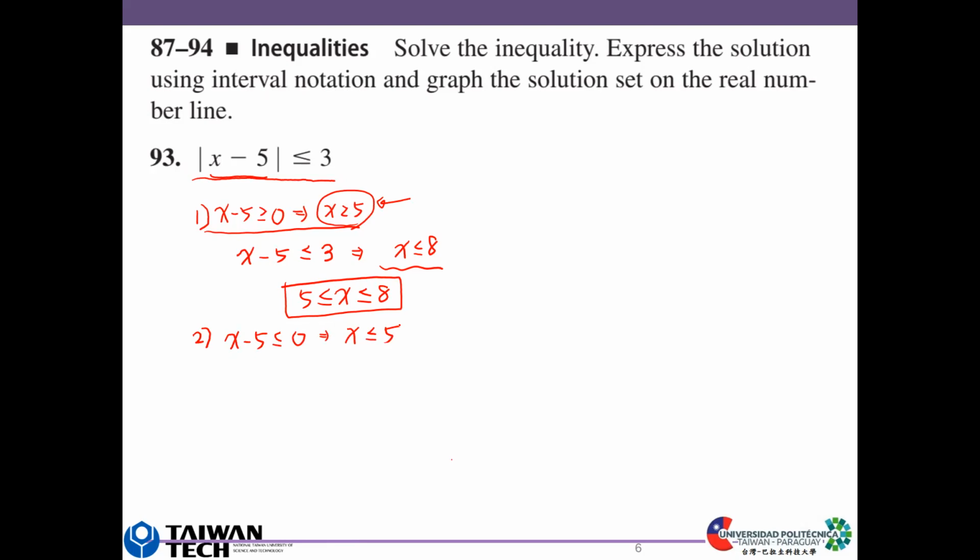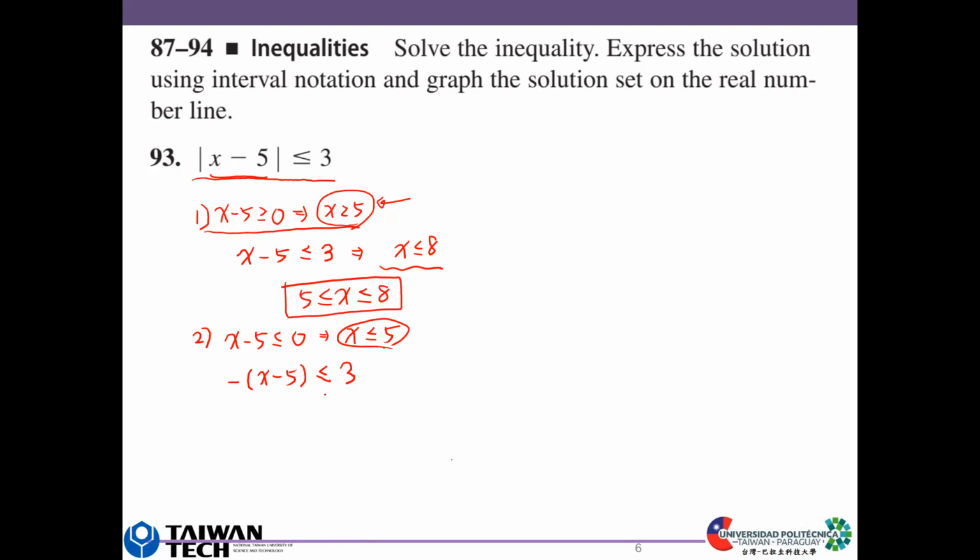In this case, because what is inside the absolute operator is negative, we need to put a minus sign on x minus 5 to remove the absolute operator. So we put a minus sign: negative of x minus 5 less or equal to 3. This is the condition, and this is the inequality that it generates.